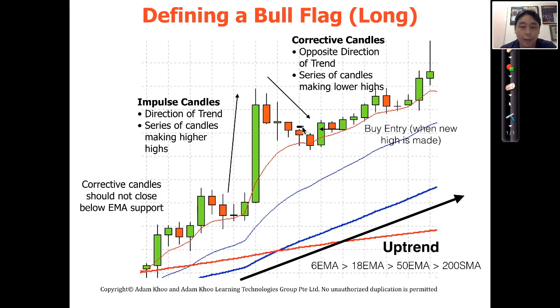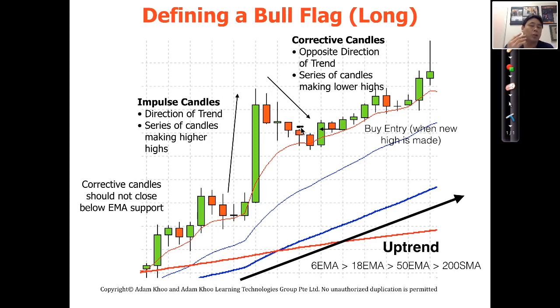So I place my buy stop order just above the high of this candle. Now you have to look at the spread. If the spread is 1 pip, then you put it 1 pip above. If the spread is 0.5 pips, you put it 0.5 pips above. So depending on the spread, of the bid ask. So in this case, I put my buy order over here.